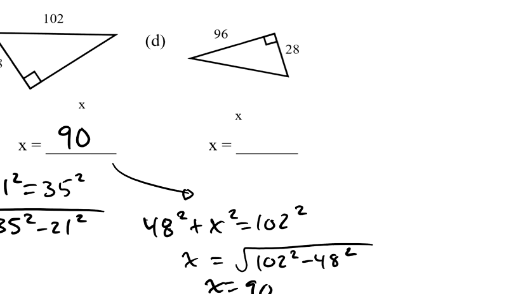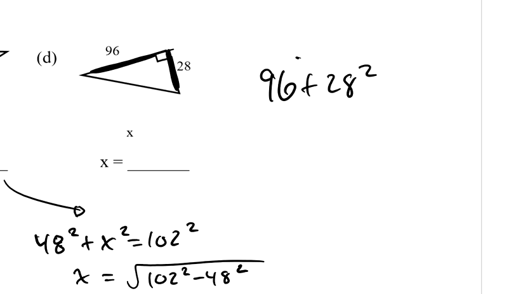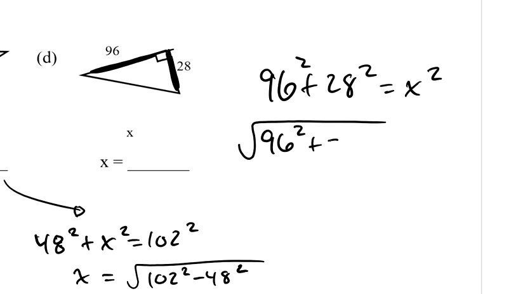And then the final question we have here, you can see that they're giving us both of our legs. One leg's 96, the other leg's 28. So I'm looking at 96 squared plus 28 squared, and that will equal x squared. And if I take the square root of both sides, this is one expression that I can enter into my calculator in one step to figure out the length of x. So I'm going to do that. The square root of 96 squared plus 28 squared, and I get exactly 100.